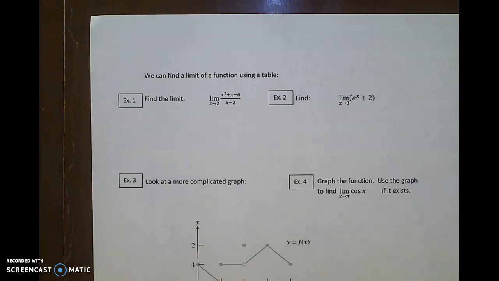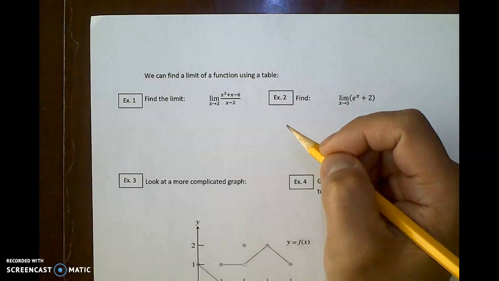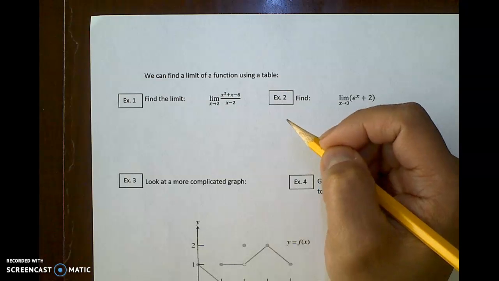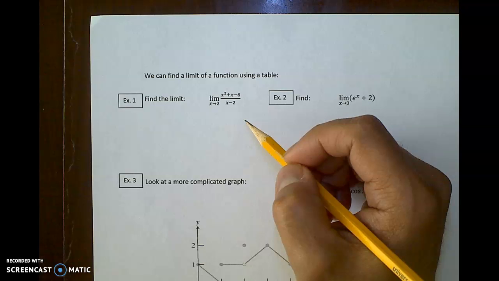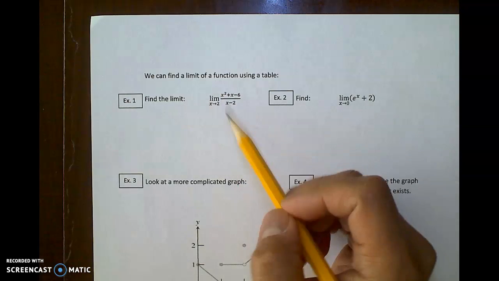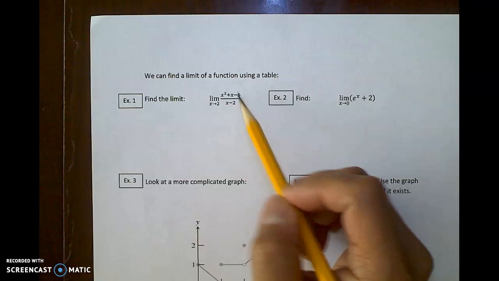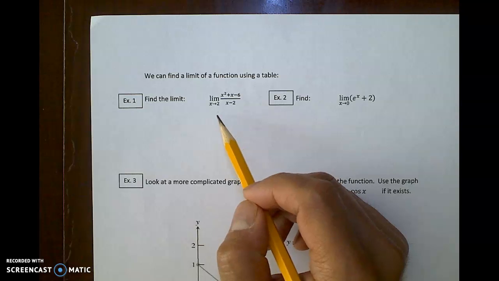All right, so here we want to try to find the limit of a function using tables. In the last example we looked at a graph, and we're going to come back and look at graphs again to find limits. But here we're going to use a table. So we want to find the limit of this function as x approaches 2.